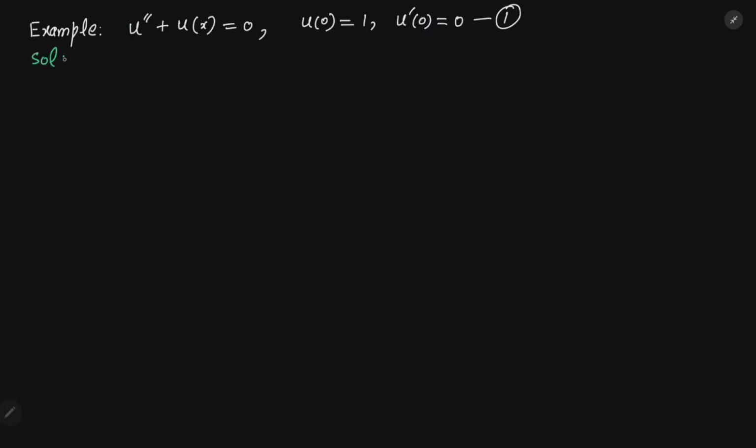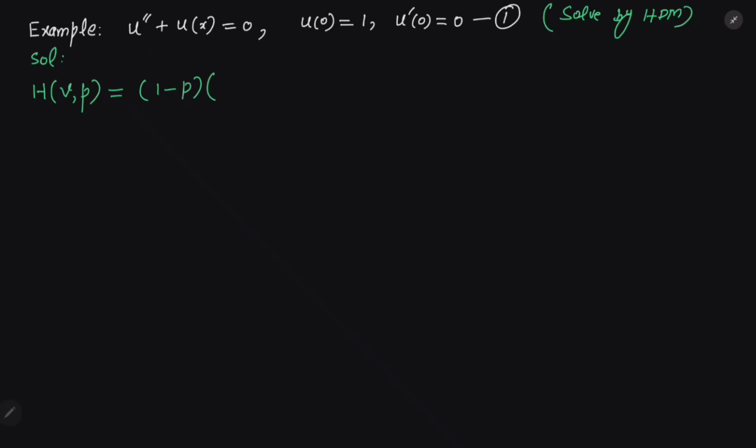We solve by the homotopy perturbation method, HPM. First we introduce h, which can be a function of an approximate function v and a parameter p, and we can write 1 minus p, and then we have a simpler problem.